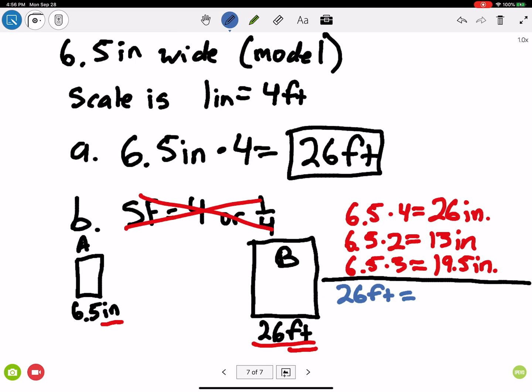There's 12 inches in 1 foot. So what would I have to do to change 26 feet into inches? I'd have to multiply it by 12. Okay, so I'm going to do 26 times 12.